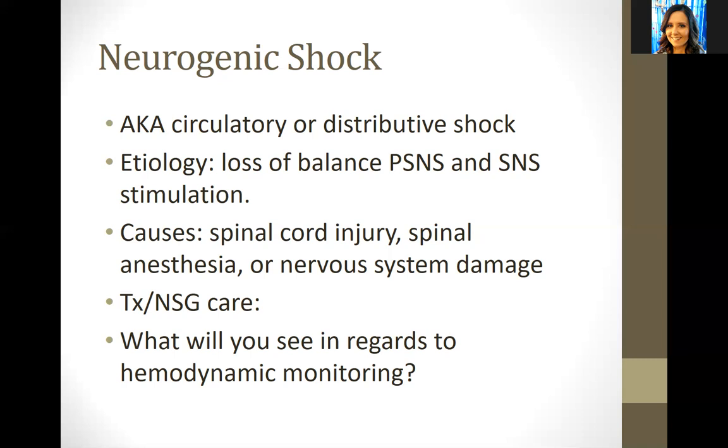In regards to hemodynamic monitoring, you're going to see a decrease in systemic vascular resistance because we're vasodilated, a decrease in cardiac output because blood is pooling and can't get back up to the heart, a decrease in CVP, same reason, it's not getting back to the heart, and our wedge pressure may be decreased because of the vasodilation.